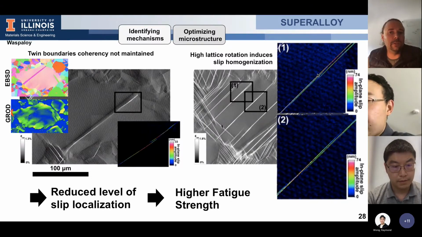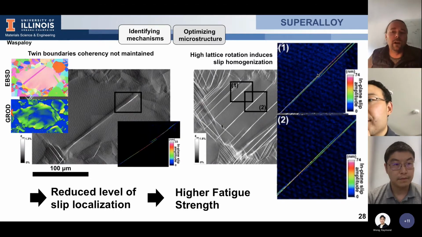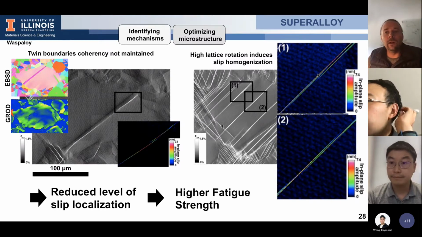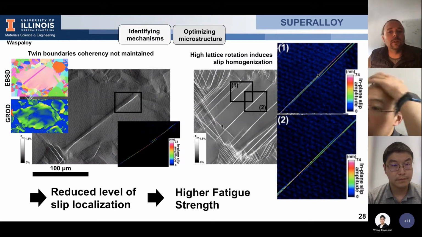Yeah. So we are really starting to investigate that. What I can tell you is that the relationship between localization and fatigue works for all of the materials. So it's kind of a universal relationship, as long as you deform by slip, and as long as you don't have a very large defect and so on. However, the effect of the lattice rotation is still something we are investigating. We actually did test only on this material.